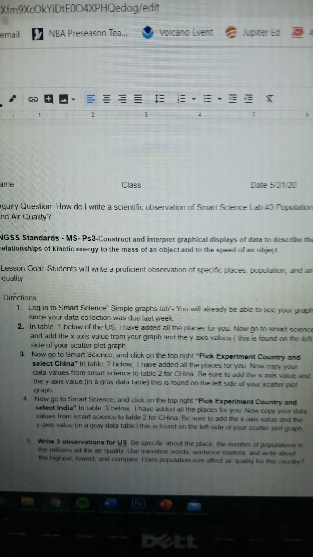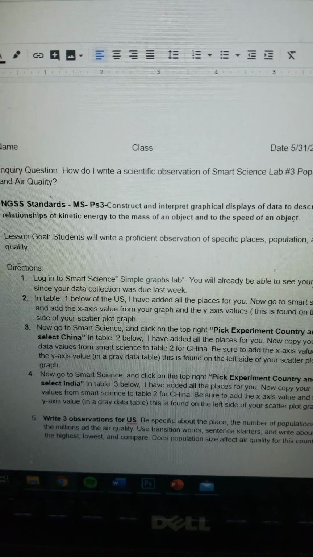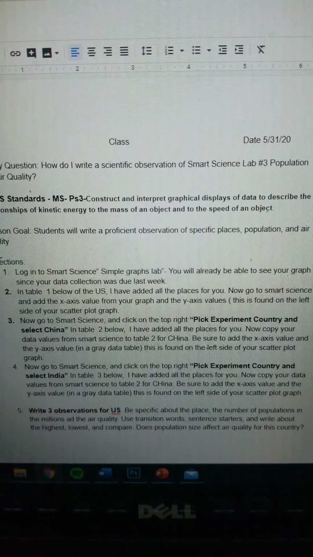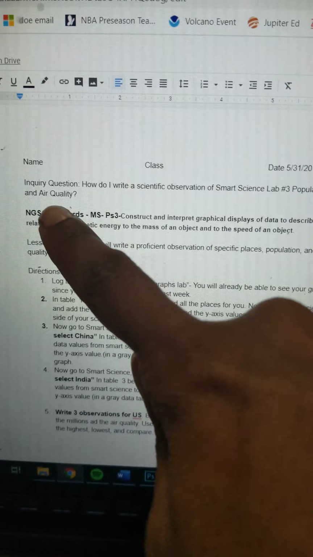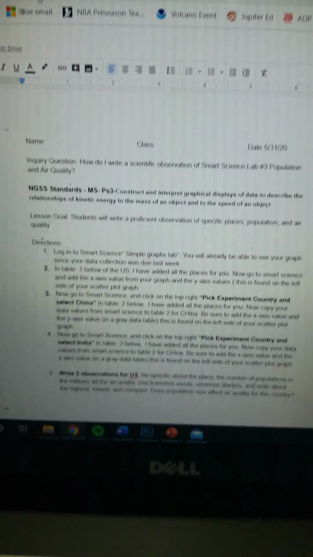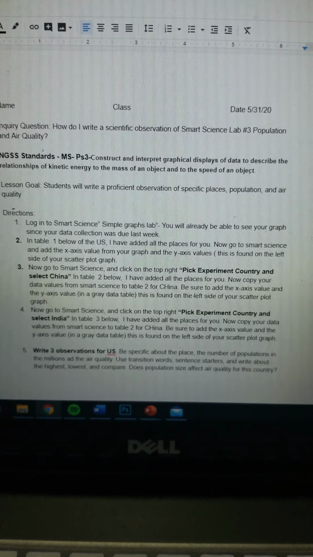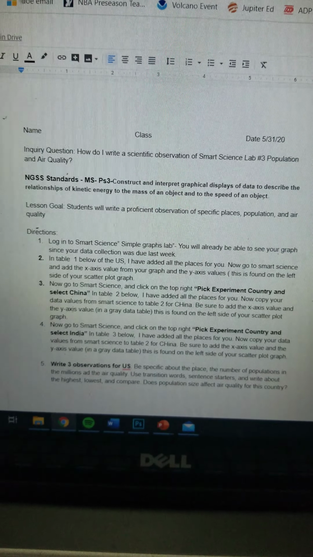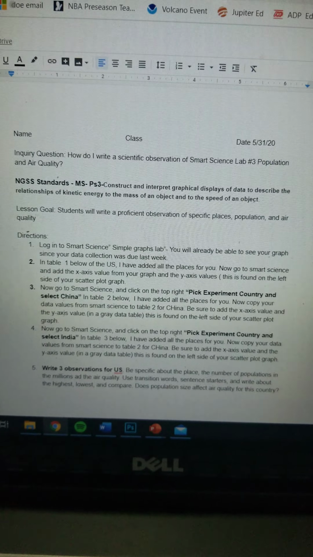The inquiry question for today is: how do I write scientific observations for Smart Science Lab 3A? The lesson goal for today is you will be writing nine observations for the lab. That means it's 9 sentences.